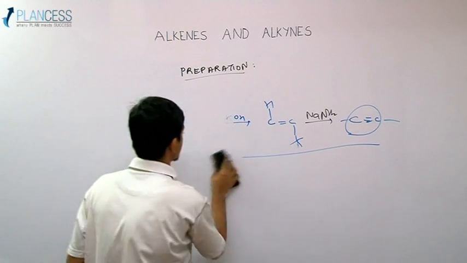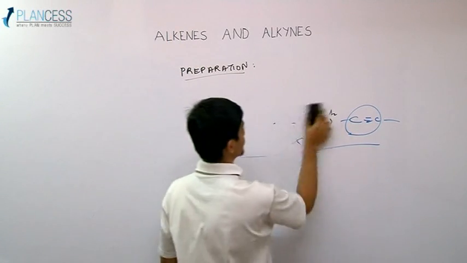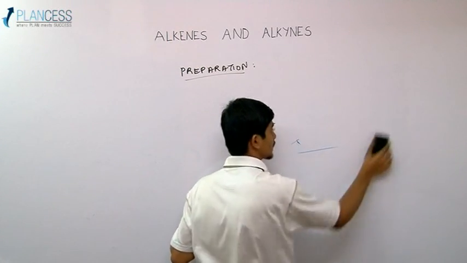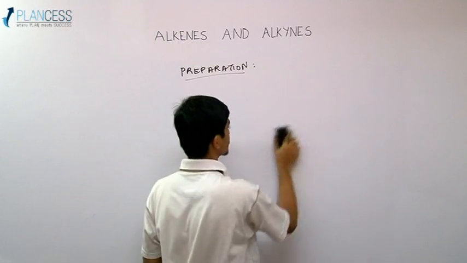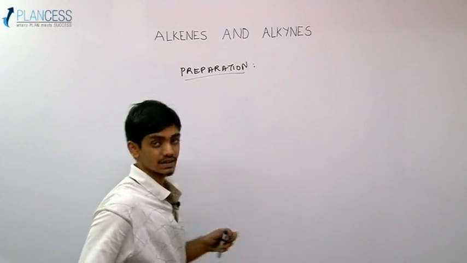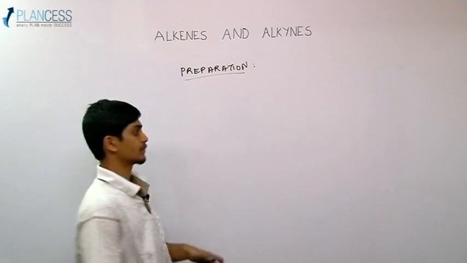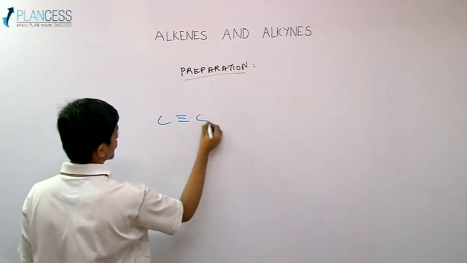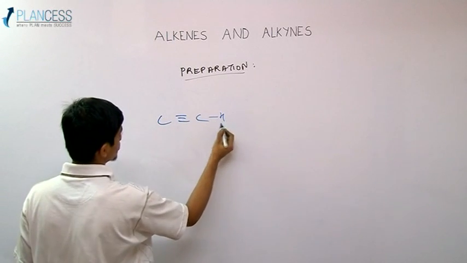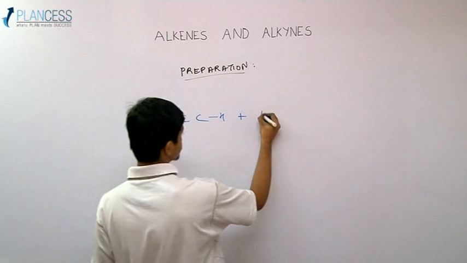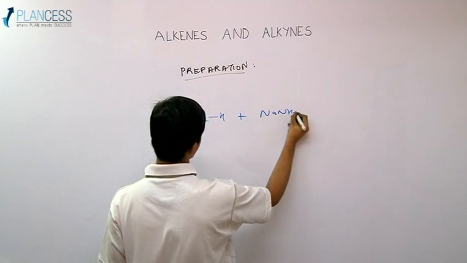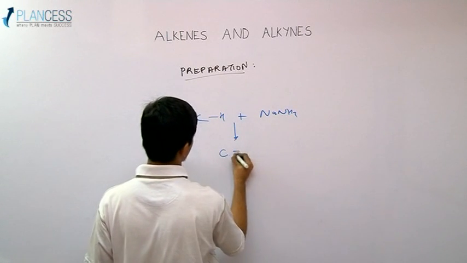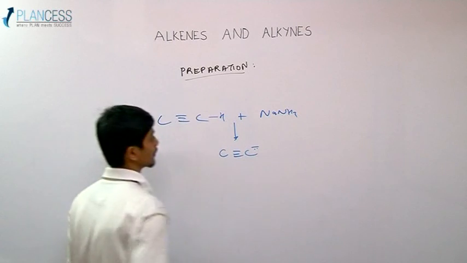And that is by using the acidic properties of alkynes. Let us see how. We can use the acidic properties and generate the carbanion like this plus NaNH2. What we get is this kind of ion.